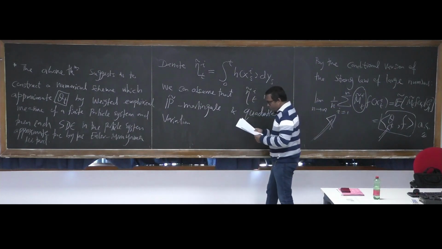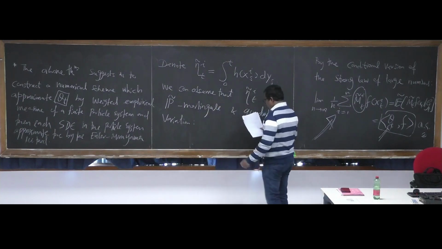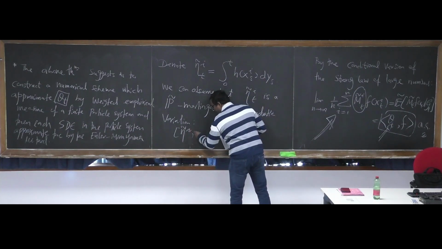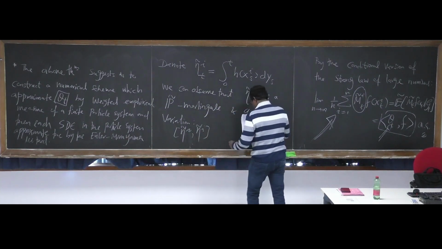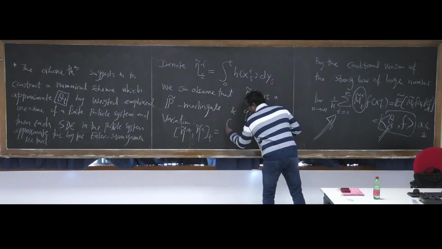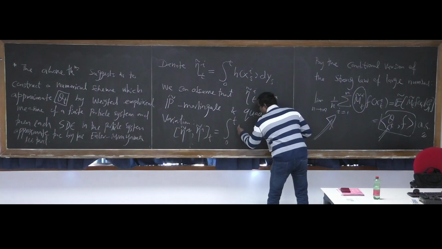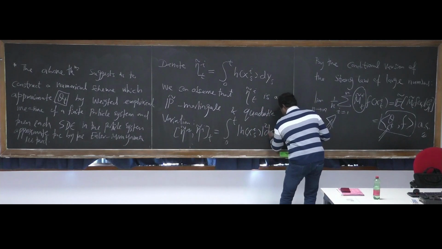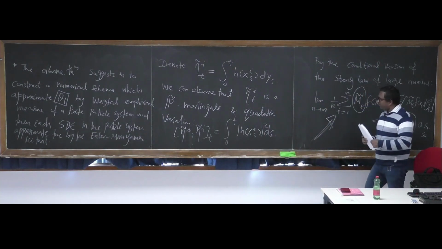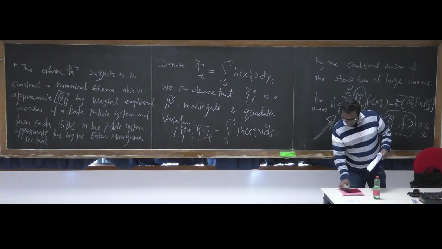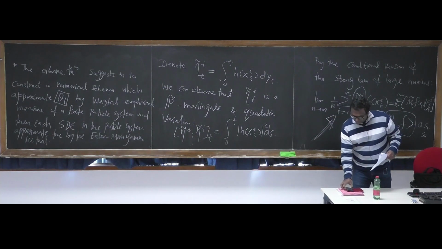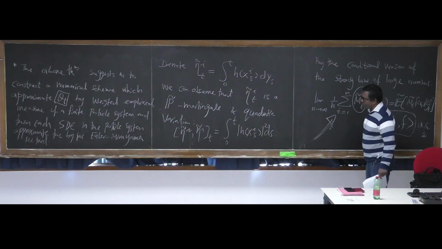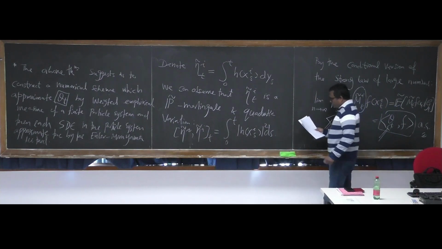The quadratic variation of eta tilde i is nothing but the integral of h of x^i_s squared ds.